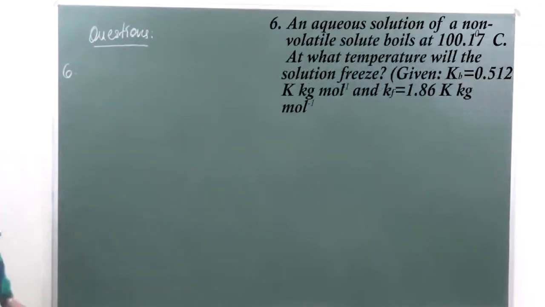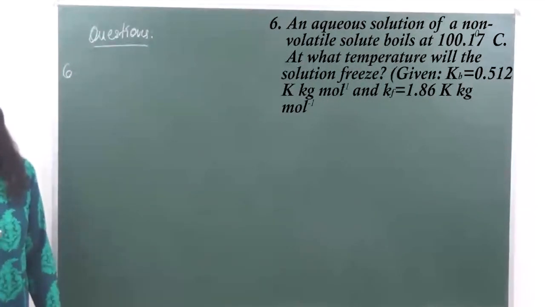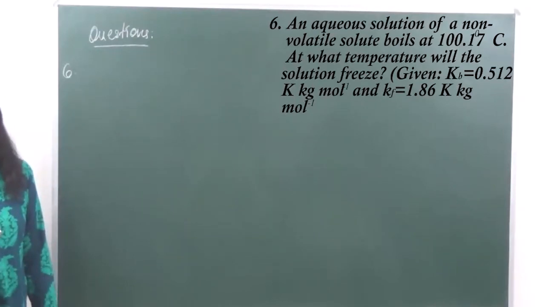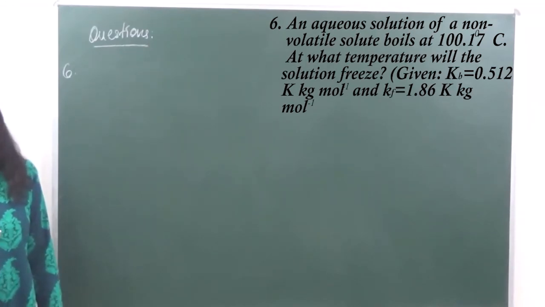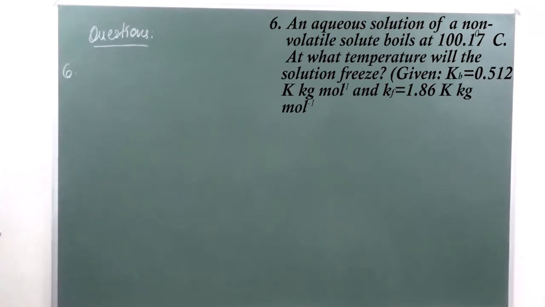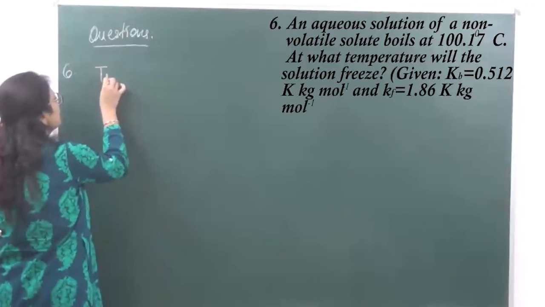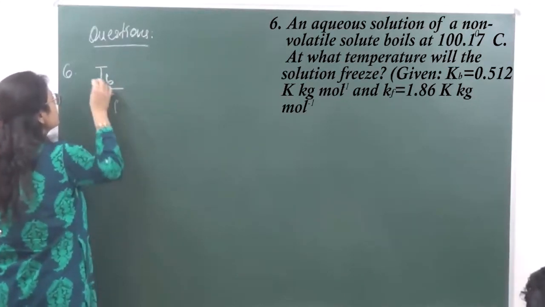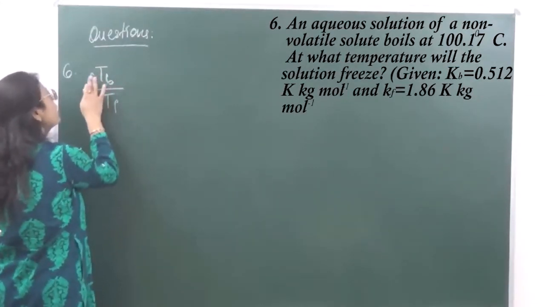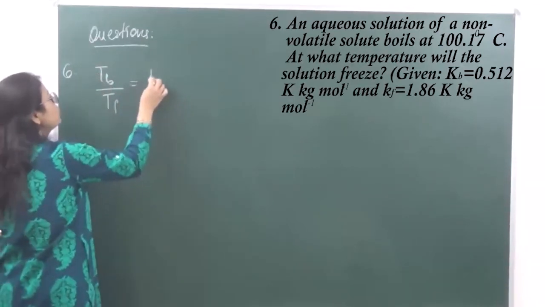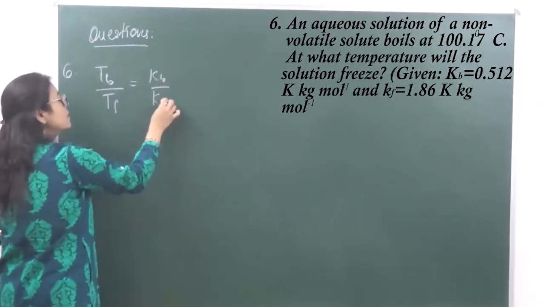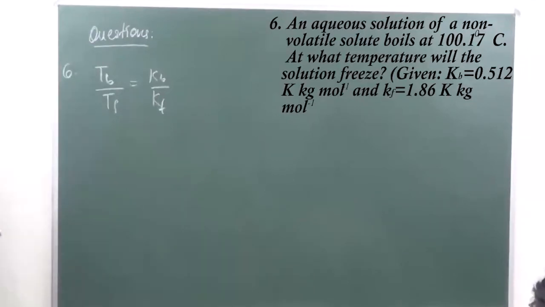Question number 6: an aqueous solution of a non-volatile solute boils at 100.17 degrees Celsius. At what temperature will the solution freeze? Now for this we can use a direct formula, that is delta TB upon delta TF is equal to KB upon KF.